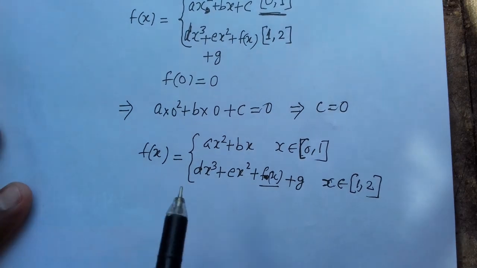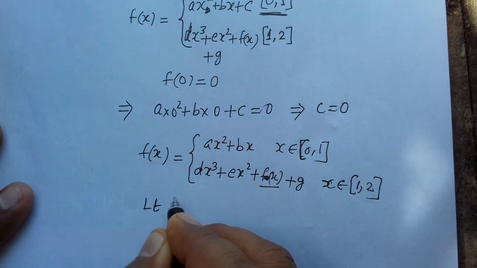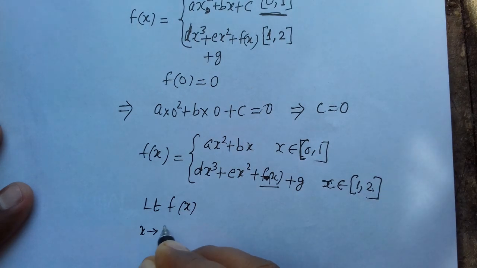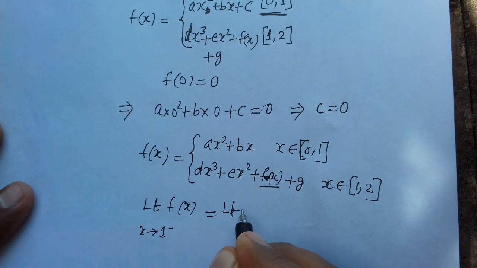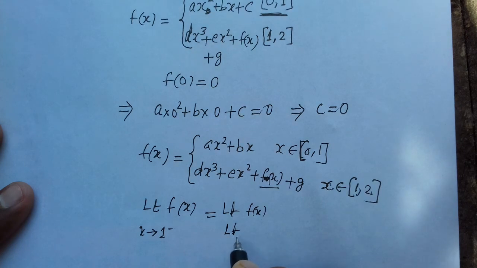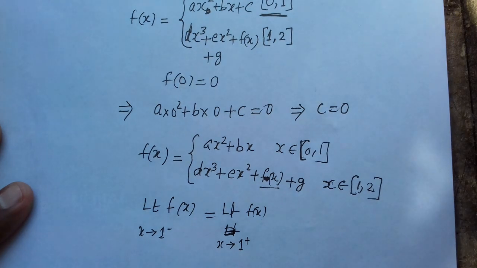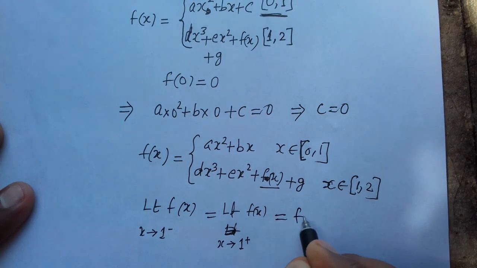So to check the continuity, we do limit of f(x) as x tends to 1 minus equals to limit of f(x) as x tends to 1 plus. 1 plus means just greater than 1, and this should be f(1).